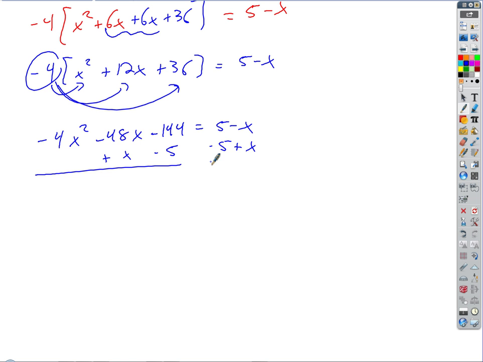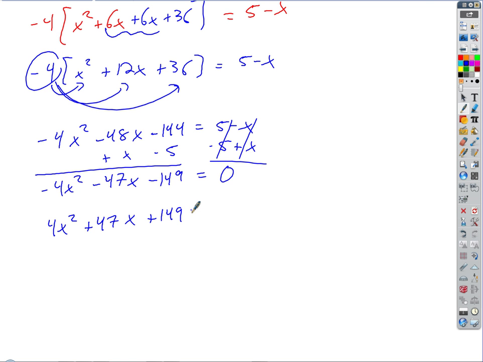And then I end up with negative 4x squared minus 47x minus 149 equals 0. I'm going to multiply each side through by negative 1 to change the sign, so that becomes a positive 4x squared plus 47x plus 149 equals 0.